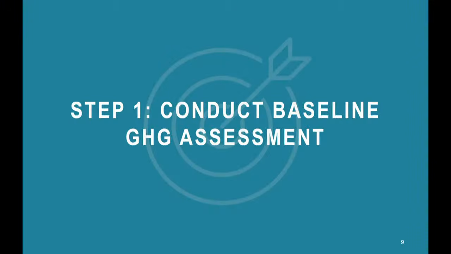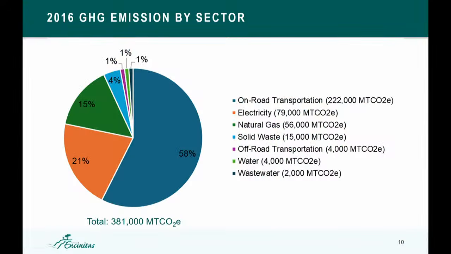So now I'll dive into step 1, which is to conduct that baseline greenhouse gas assessment. This pie chart shows the greenhouse gas inventory for the city of Encinitas for the year 2016. That was the most current data year that we were able to utilize to identify what the city's emissions are community-wide.